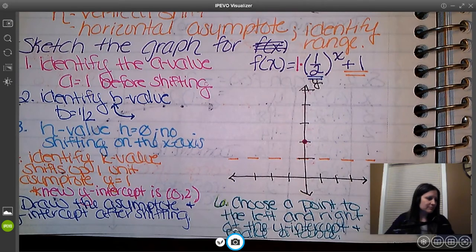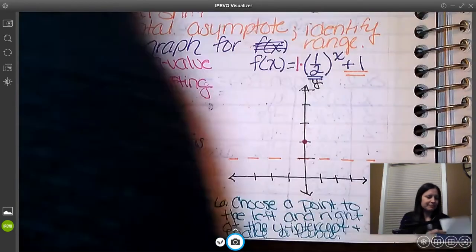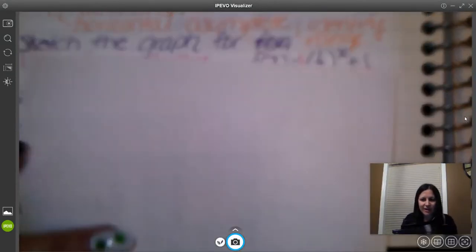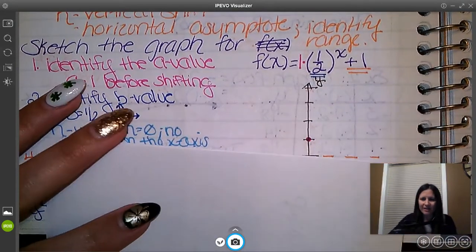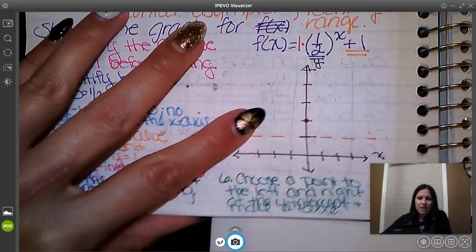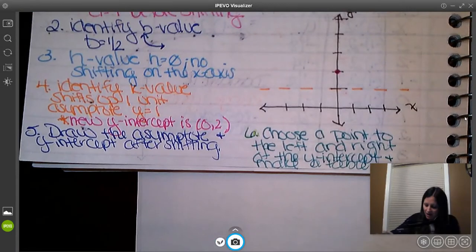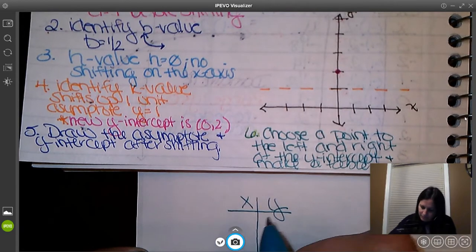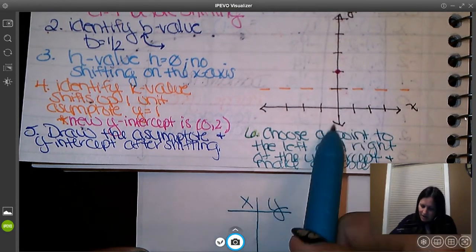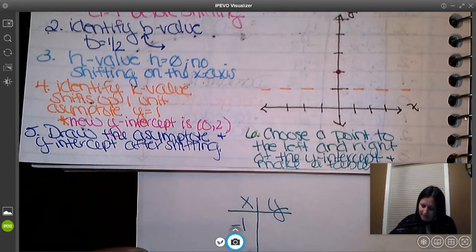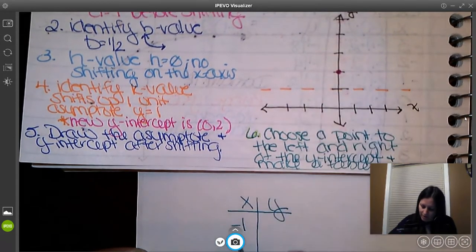So on here, I'm just going to do this on here. You don't need to write it. We'll make tables for the others, but I don't want to have just a table on the other page and it not make sense. So I'm going to make a table, x and y. So I have 1 point over, I'm going to choose the easiest points, -1, and 1 point to the right, +1.